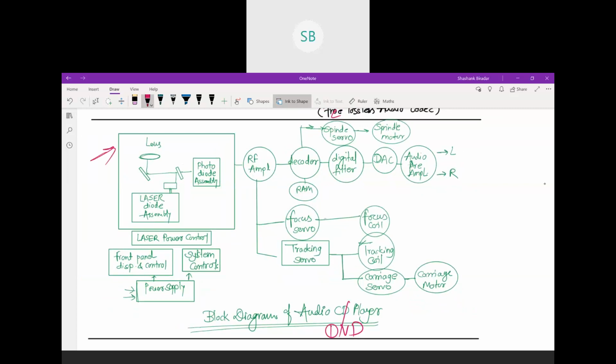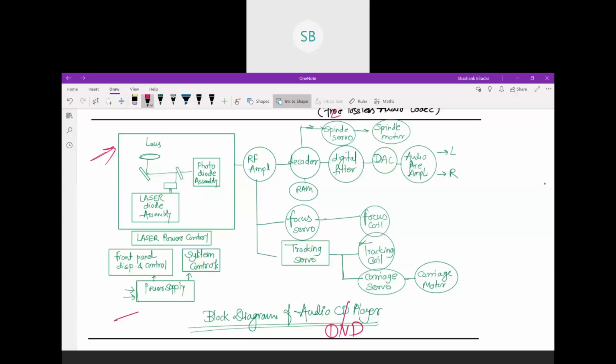Basically, the power supply, the front panel display, system control, and laser power control are connected to the optical assembly over here, in which we have the laser diode and photodiode.